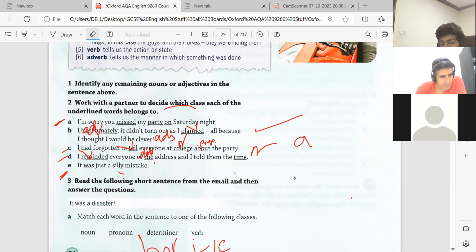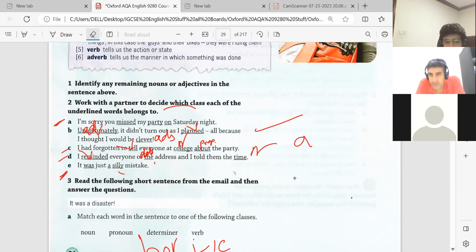No, it doesn't matter. Give me an adverb. It was a disaster. Adverb, guys, you can add it at the beginning of the sentence or at the end of the sentence. Can I say? Yes, go ahead.